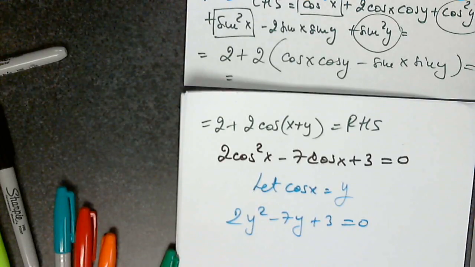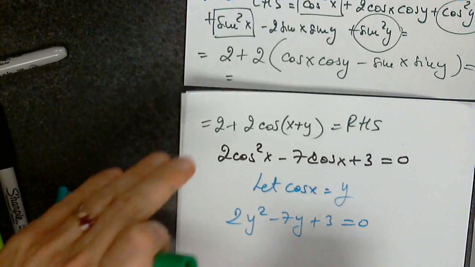Thank you. Once you solve for y, or for your cosine x, you don't have to change the variable. You can keep cosine. I just wanted to show you that it's quadratic in cosine and we have to solve for cosine first. So you have to factor this.